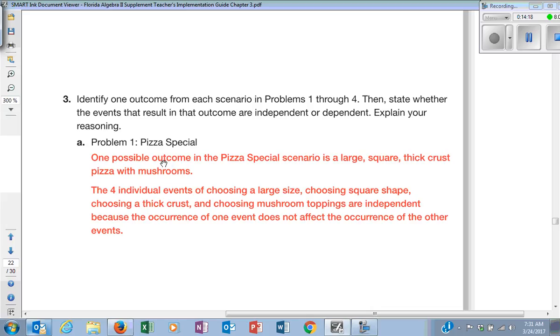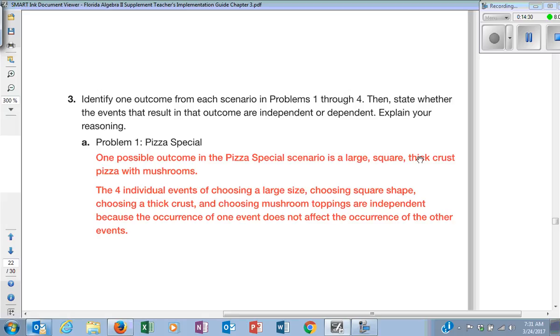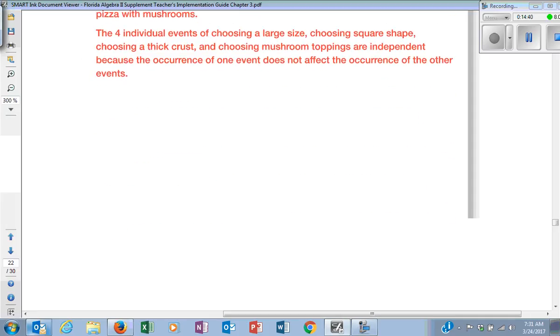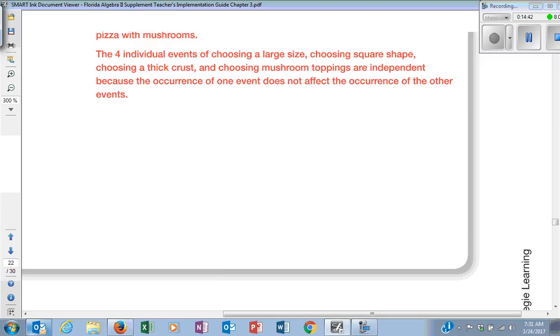I think there were 16 of them if I remember correctly, right? Okay, they picked one of the 16 outcomes. Now, are any of these events dependent on the other one? No, we said it doesn't matter if you order a large, it doesn't affect whether you get a pepperoni. So they're individual events. Does that make sense? So these are independent.